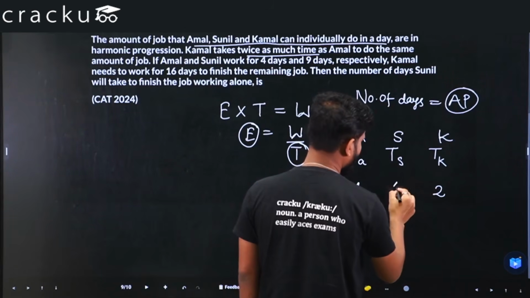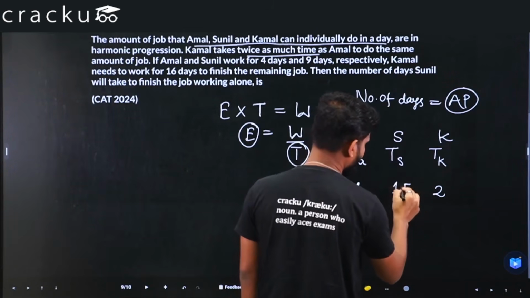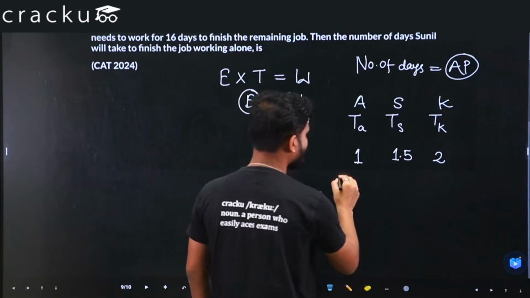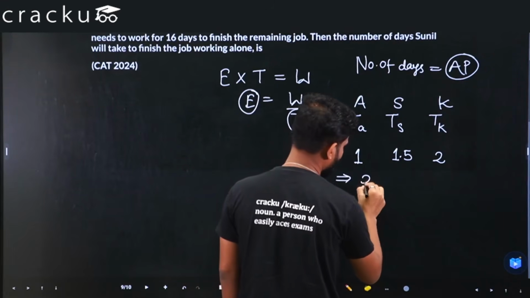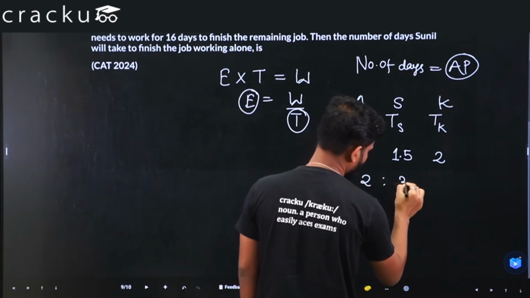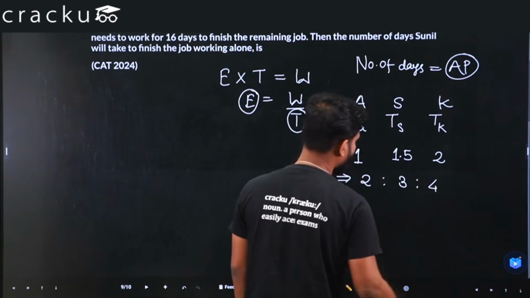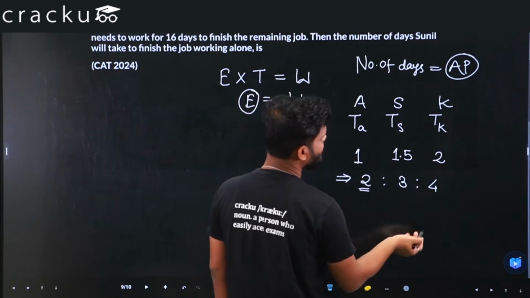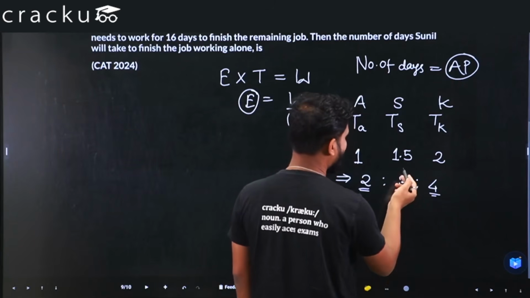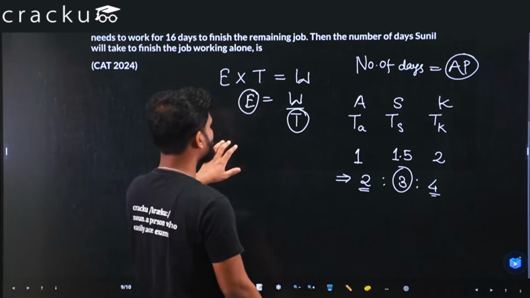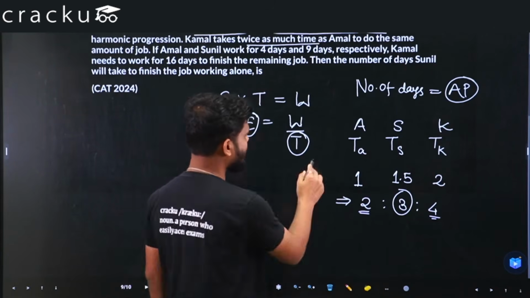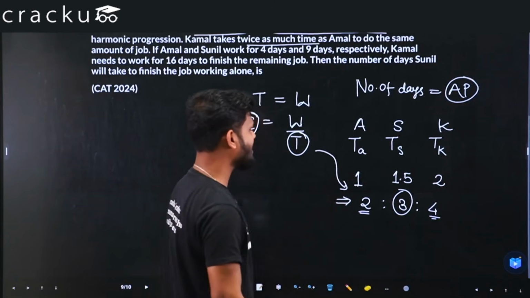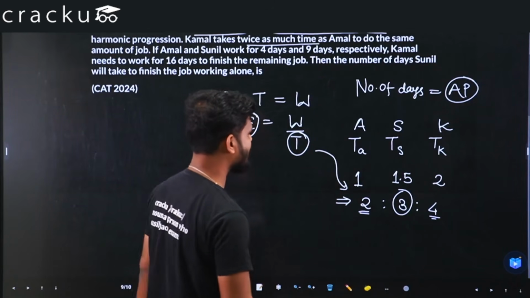So this should be 1.5. You can also take this ratio as 2:3:4. So if Amal takes 2 days, Kamal will take 4 days and S will take 3 days. So we converted this efficiency to an arithmetic progression, or this is the number of days.